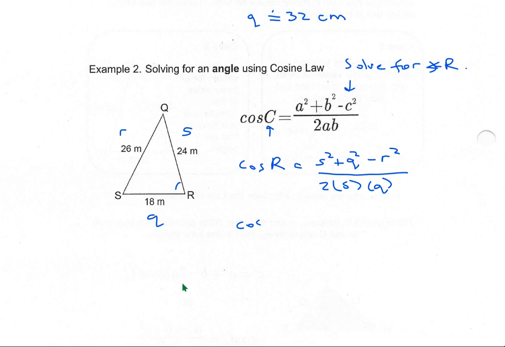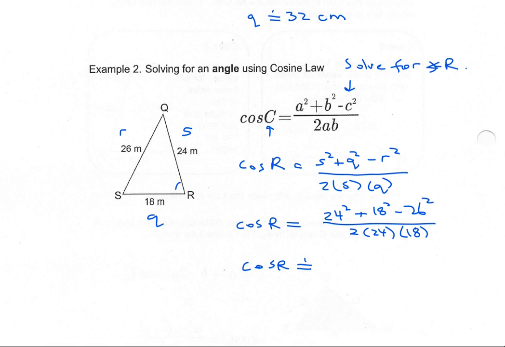So cosine of angle R is, put all the numbers in, 24 squared plus 18 squared minus 26 squared, all over 2 times 24 times 18. So cosine of R equals, actually it's not even approximately, it's just equals.